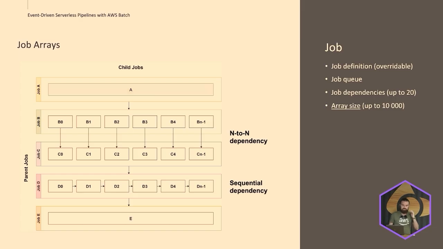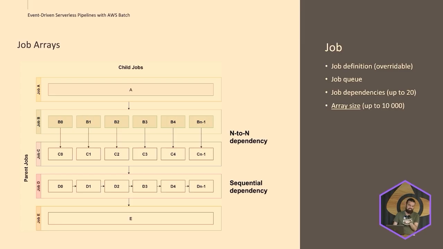If we look at the diagram animation, job A is just a normal parent job, no child jobs. Job B, you can see, has a few child jobs from B0 to N-1. And then between job B and job C, you can see there's an end-to-end dependency. What that just means is that if job C0 wants to run, it only depends on job B0.